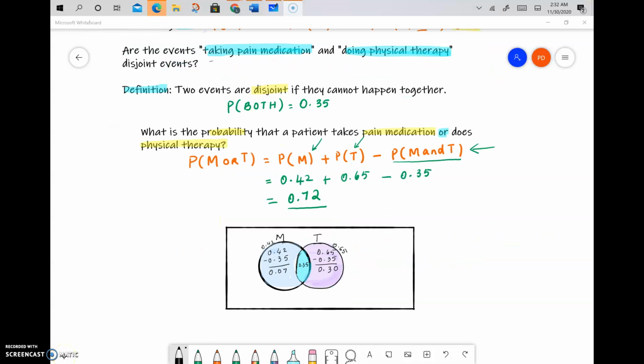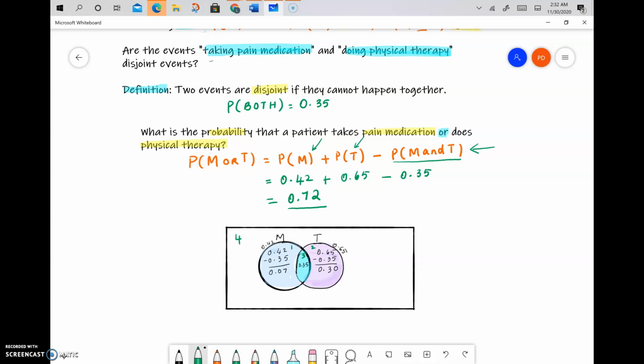So here is a Venn diagram. M and T are overlapping events, so we represent the two events by two overlapping circles. We have a rectangle outside, and this entire Venn diagram has four regions, as we've discussed earlier. So we have 1, 2, 3, and 4.